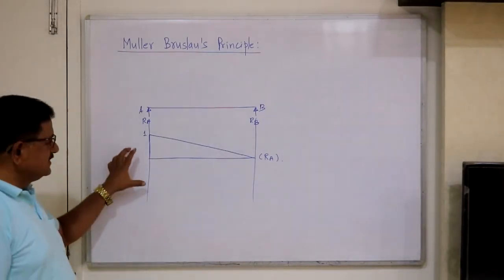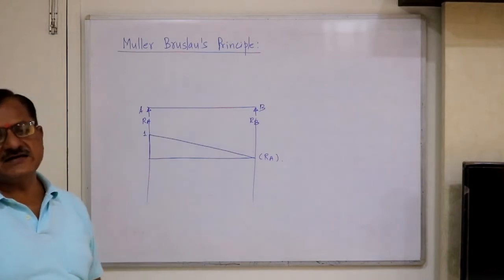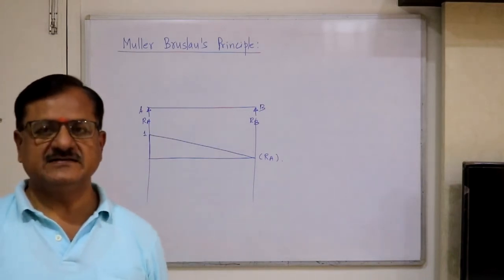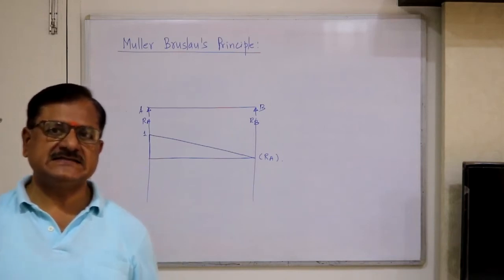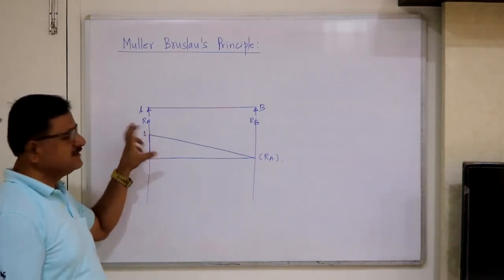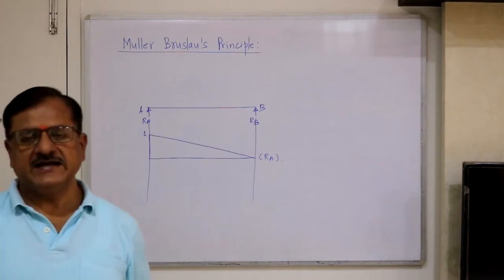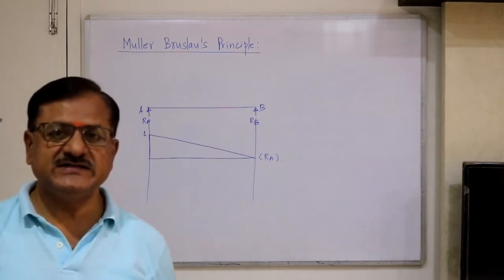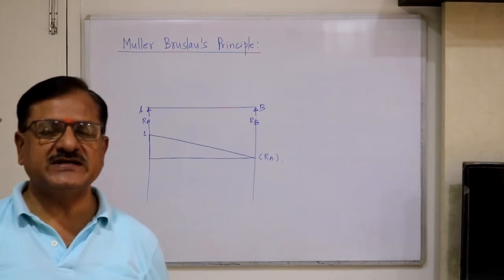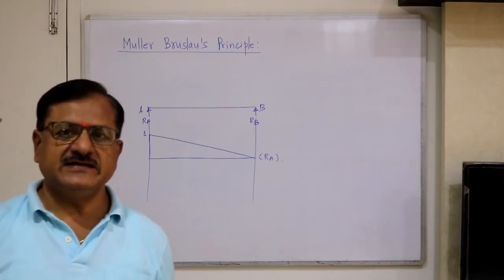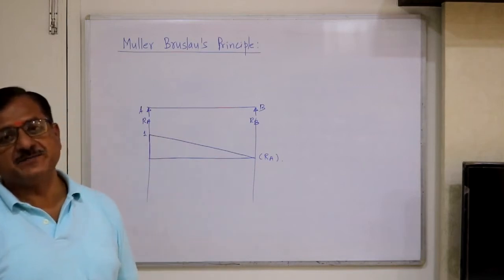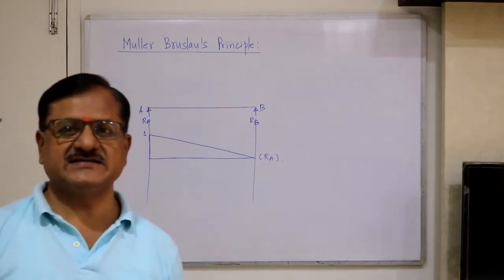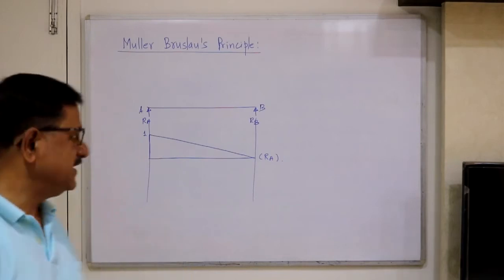That means the ILD for RA, or any structural function, is obtained by removing the constraint offered by that function and introducing unit displacement in its own direction. Then the deflected shape of the structure represents the ILD for that structural function. Very simple.